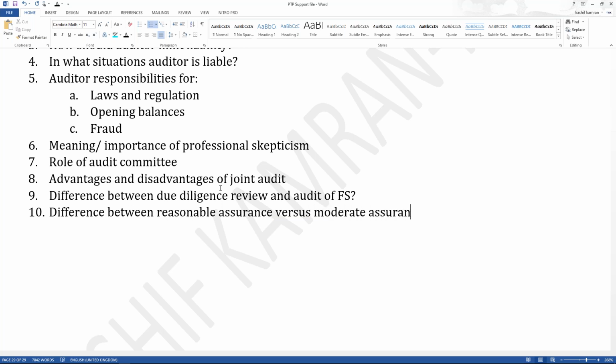Or what difficulties, we got this question yesterday, will management face in detecting fraud? Or what difficulties will the auditor face in detecting fraud?